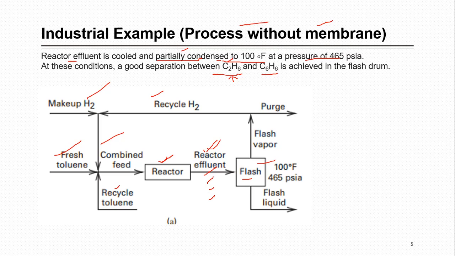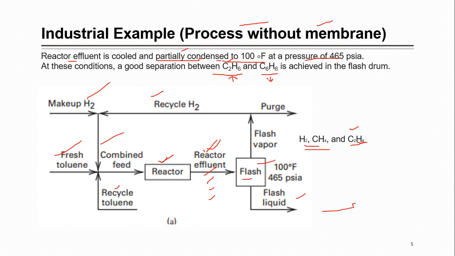So in this system, it will contain hydrogen as well as methane and ethane, because we have considered that this is the light key, and all lighter than this will go to the same vapor stream. On the other hand, you can see that the heavy key is benzene. There is toluene in the system as well as xylene, so they are heavier than this, and they will stay inside the liquid.